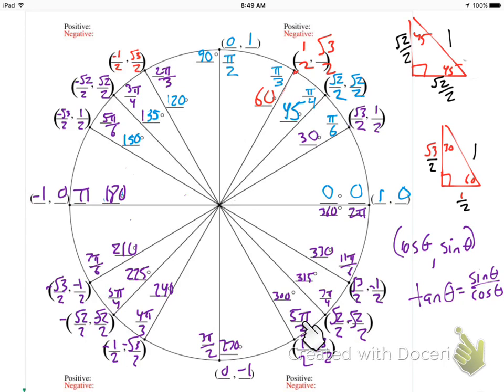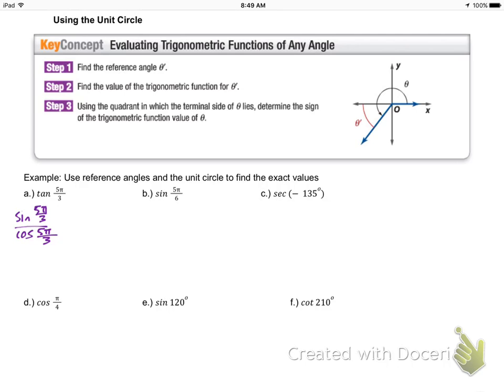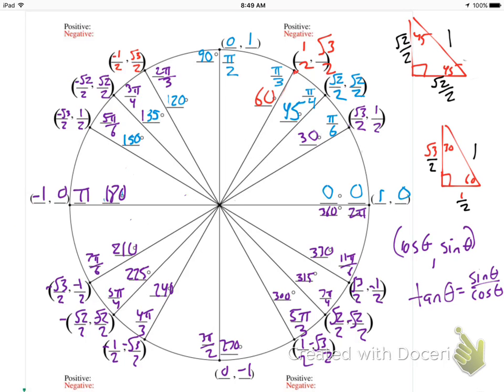What's sine of 5 pi over 3? Which value? The y's. So it would be negative square root of 3 over 2. I don't even have to think about that. So it's negative square root of 3 over 2. Over, going back, cosine of 5 pi over 3. Going here, 1/2.